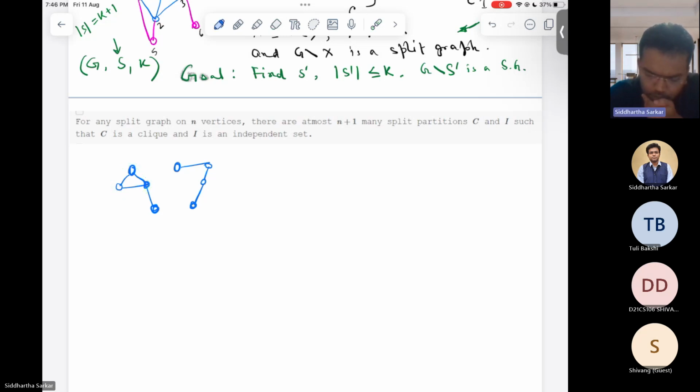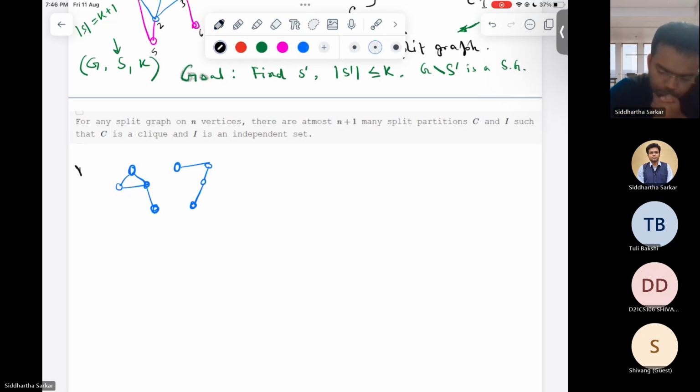So this is a K3. This is actually a K3. But the rest of the vertices, we have to make sure that they're independent. So this is not a split graph. So how do we make it a split graph? So the other component cannot be there.